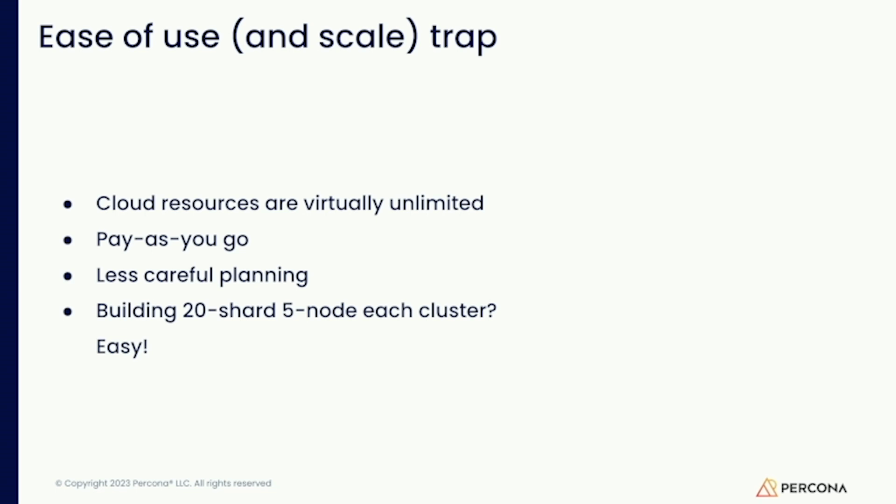It is pay as you go, so you typically don't have to plan much in advance. You can get a massive 20-shard 5-node cluster with a couple of clicks. The number of clicks, or API calls, is the same regardless of how big you want the cluster to be. So it's a trap, because it's so easy to end up with lots of resources.